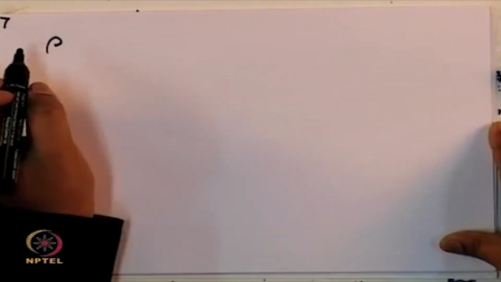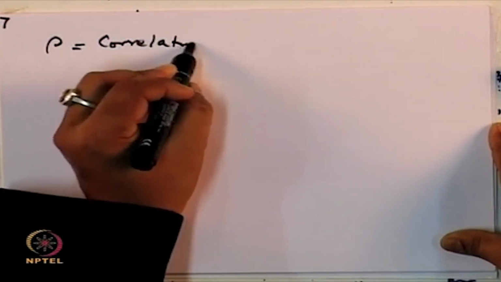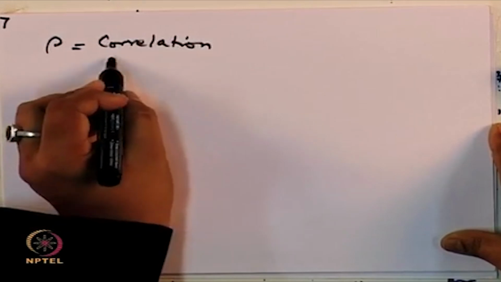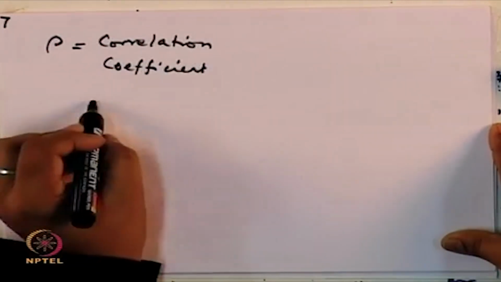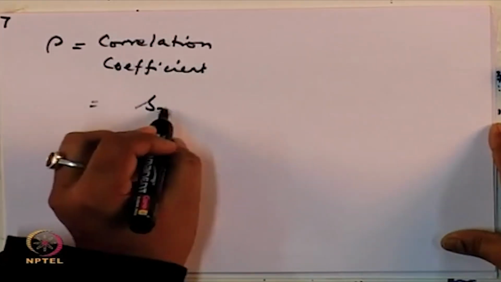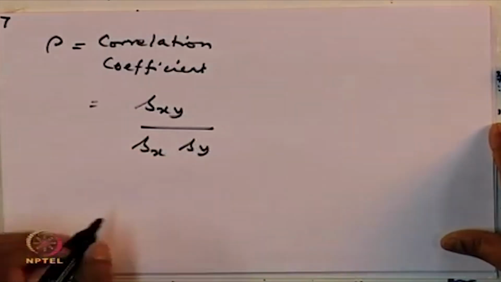Now how do you define the correlation coefficient mathematically? The mathematical definition of the correlation coefficient is typically represented by rho. The correlation coefficient is defined by Sxy divided by Sx into Sy. Okay.